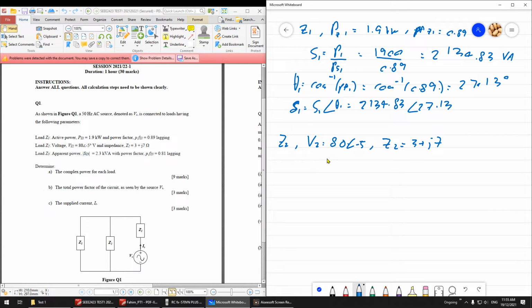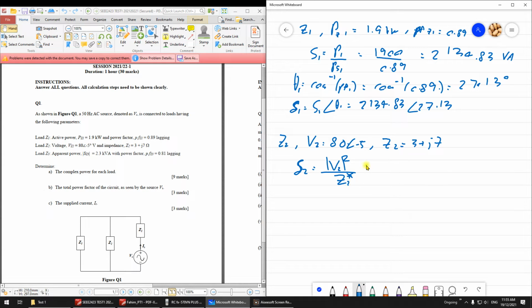There are a lot of ways, but I try to use the shortest one. Recall the formula for complex power: S2 is equal to V2 squared divided by Z, and don't forget the star.